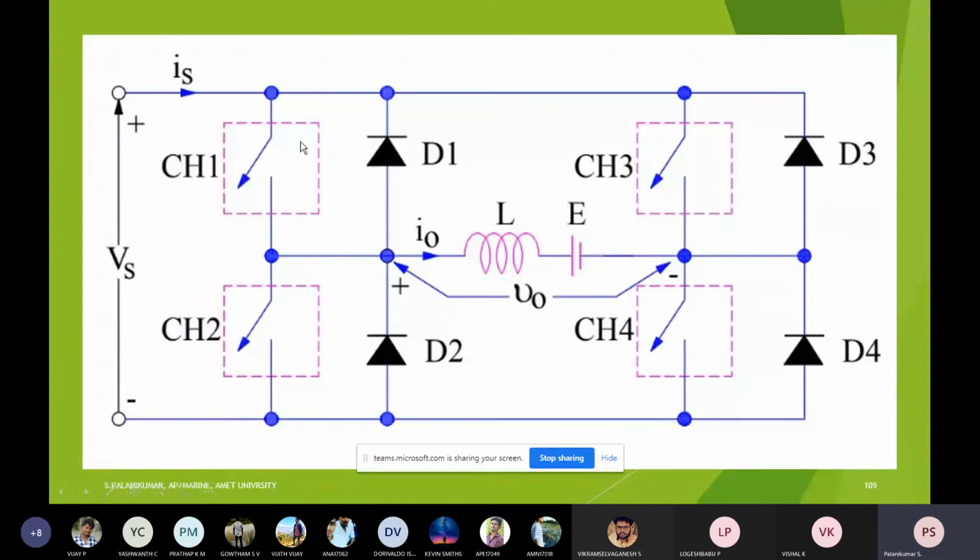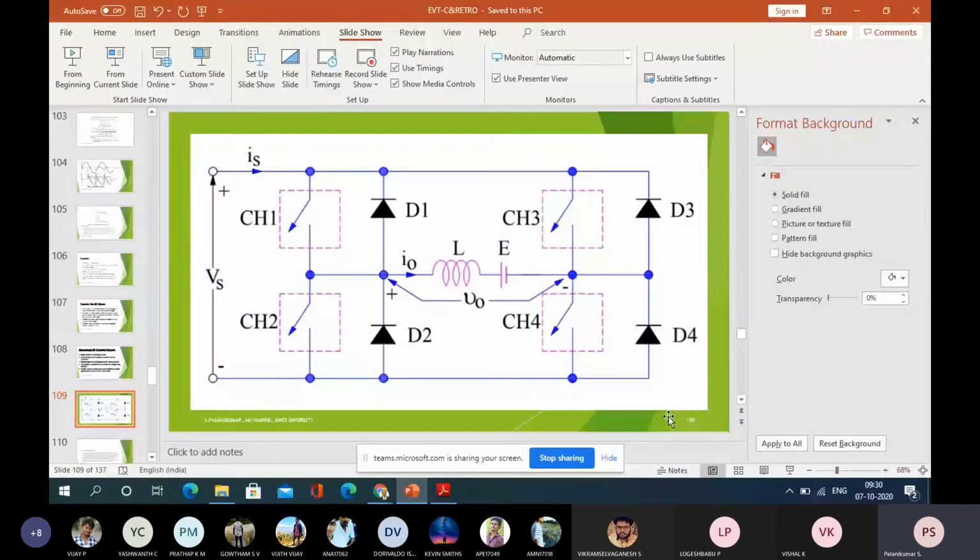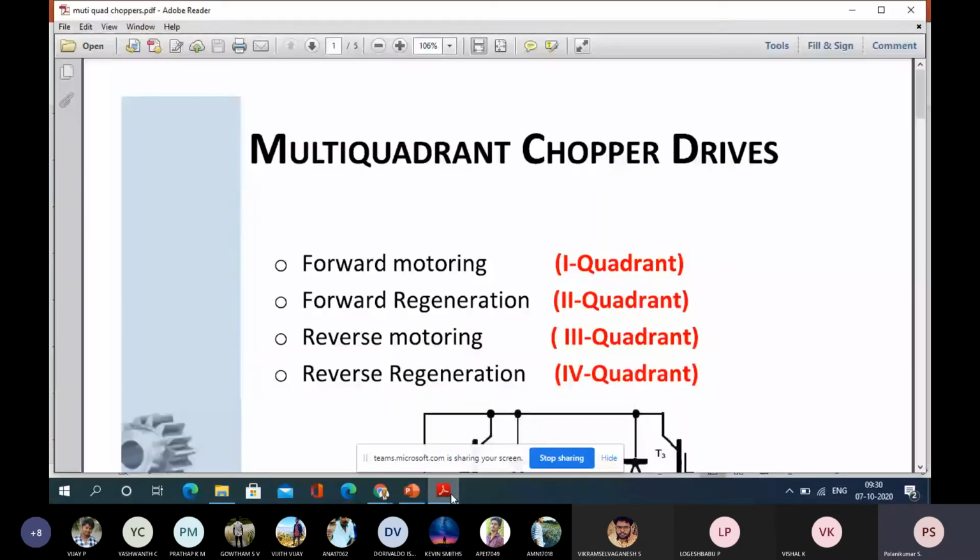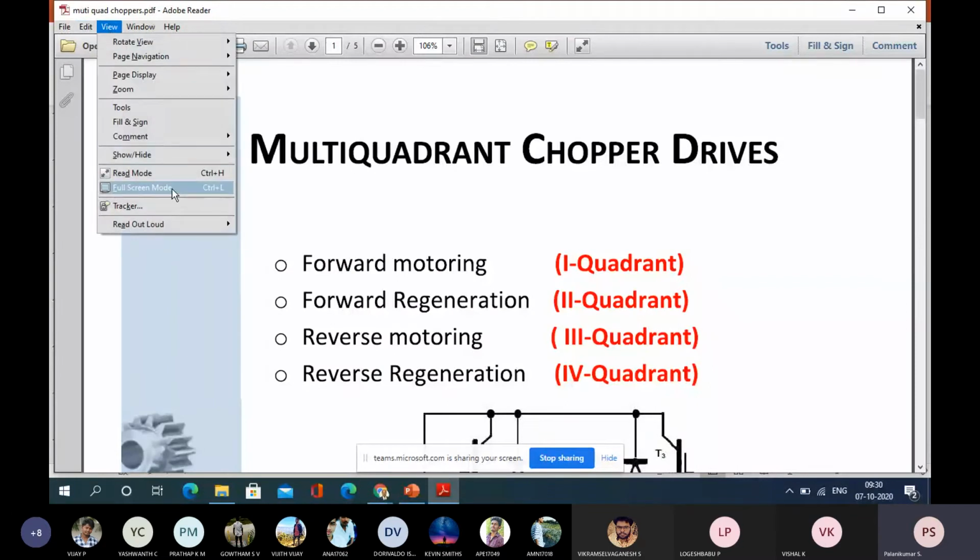Based on the duty ratio, if I change that, I can provide from zero voltage to even more than the source voltage. How am I able to do that? By means of the energy stored in the inductance and so on. This is the normal operation. We will see. This is what I explained.